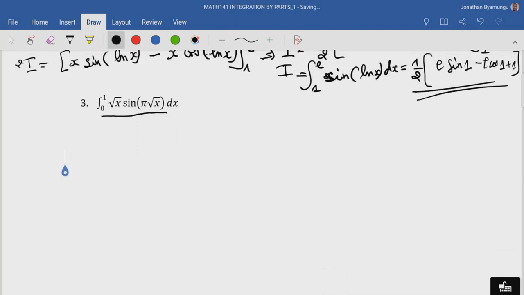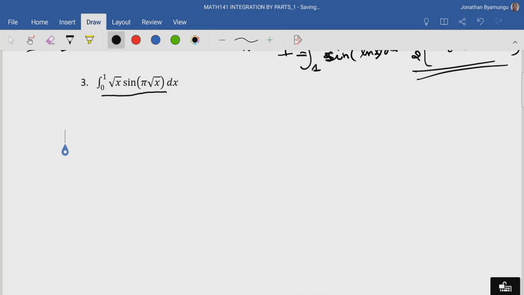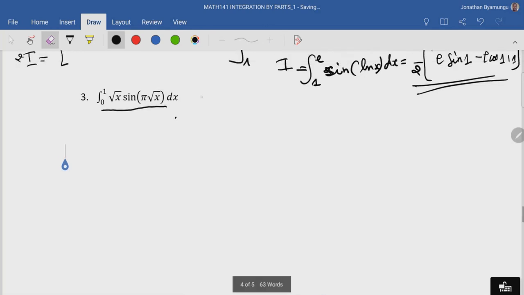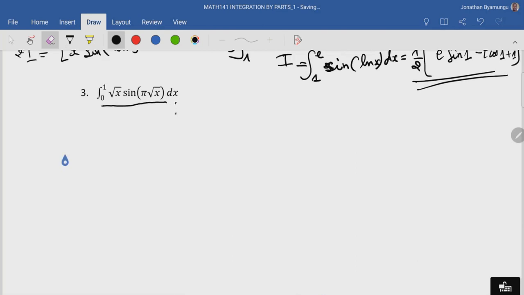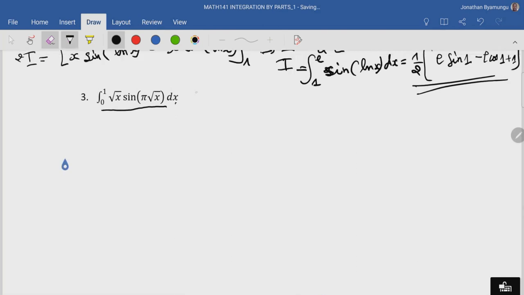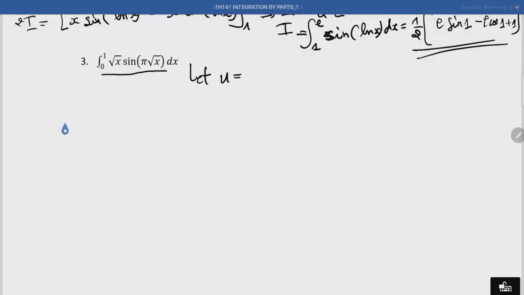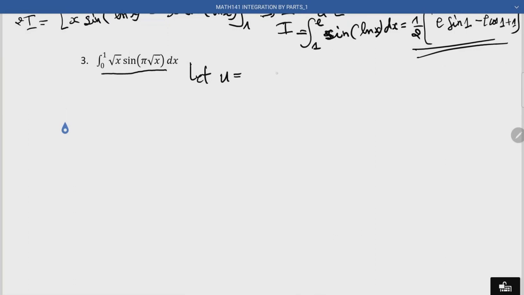Once again, integration by substitution is what we'll be using here, and we'll be saying that let u in our case be equal to the square root of x, right?